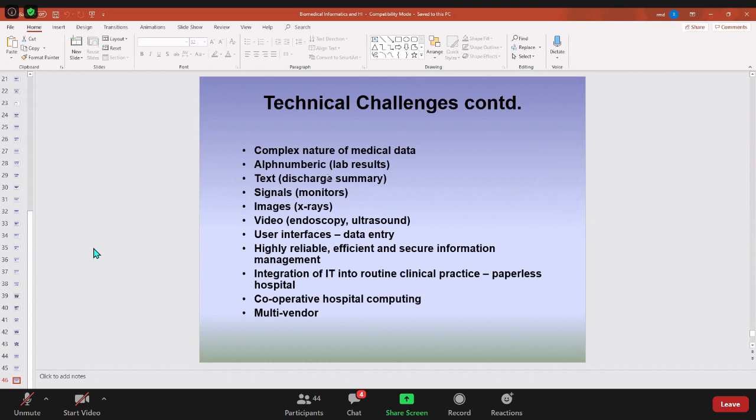The text, discharge summary, and signals have different computer languages. How can they have a single universal language to communicate machine to machine? For example, a robotic machine in surgery will not be able to capture the signals from the pathology laboratory.